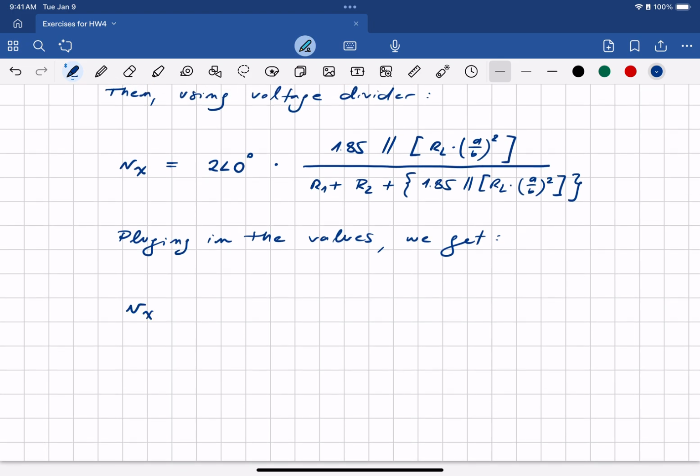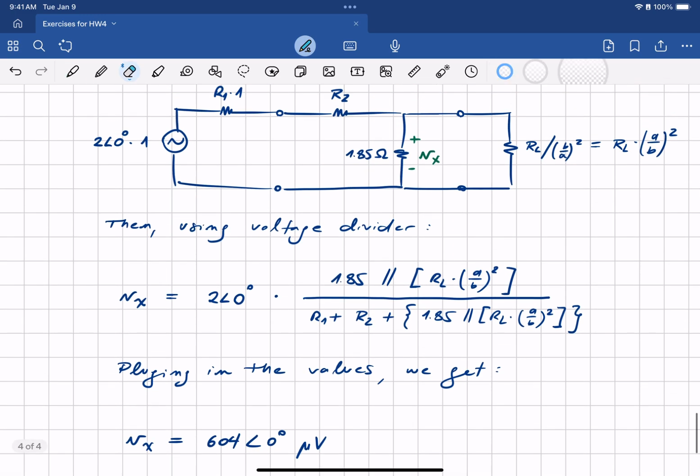Vx equals, you should get 604 angle 0 microvolts, or 604 times 10 to the minus 6. Actually, let's fix the notation here.